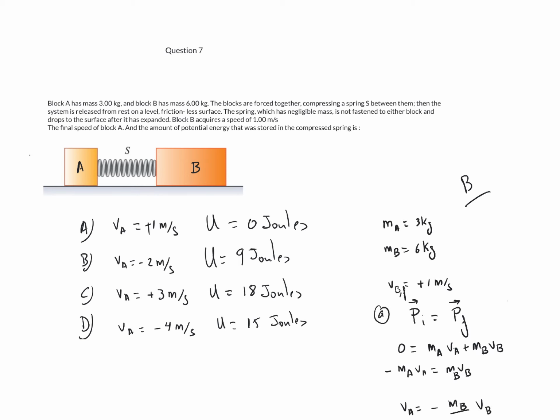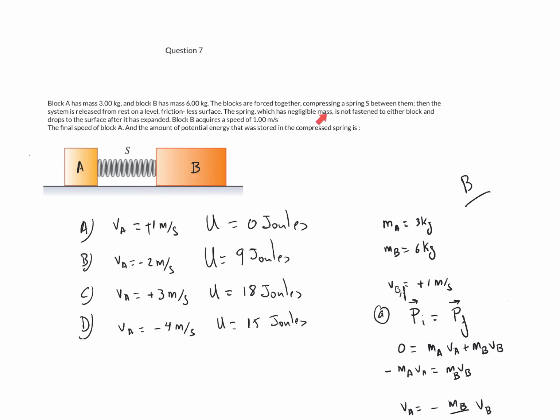Okay, this problem says you have 2 blocks, one 3 kilograms, the other 6 kilograms. The blocks are in an initial state of compression. They are released. There is no friction.